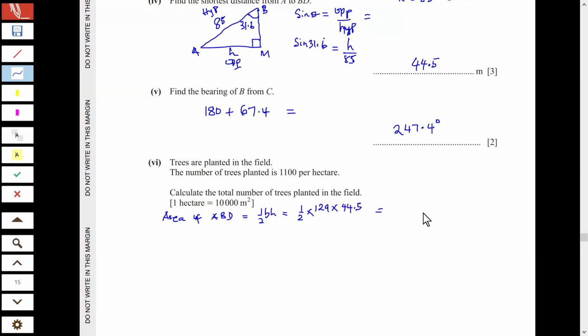Now, this gives us 2,870.25 meters square.